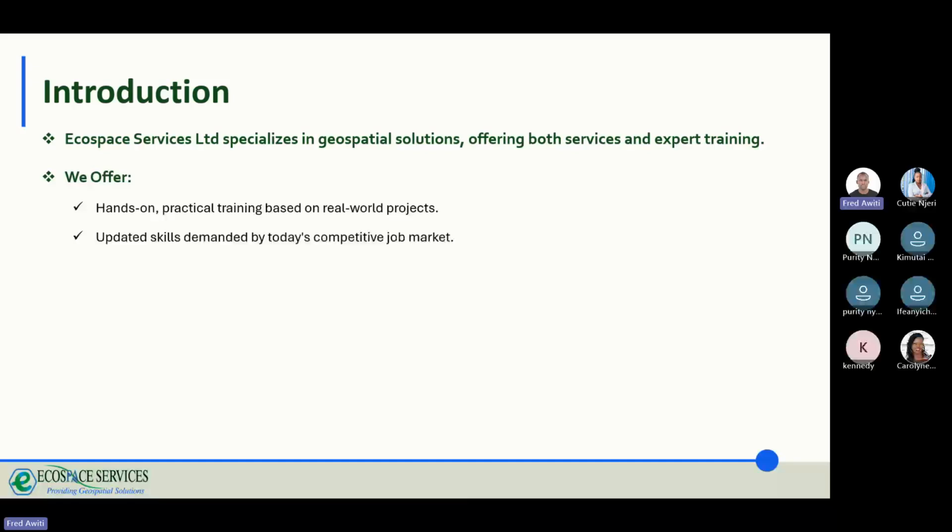So we offer hands-on training, that is practical sessions, when you're dealing with surveying equipment. And then you also look at updated skills. We train you on the skills that are in demand today, as you conduct your normal work activity.